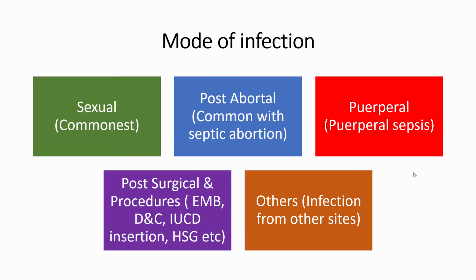And during puerperium there could be infection of the endometrium, parametrium, and even tubes and pelvic peritoneum. But in those cases we usually say puerperal sepsis. We do not say pelvic inflammatory disease, though in fact it is pelvic inflammatory disease. In puerperal cases we say puerperal sepsis, which we have already covered in our previous lecture.